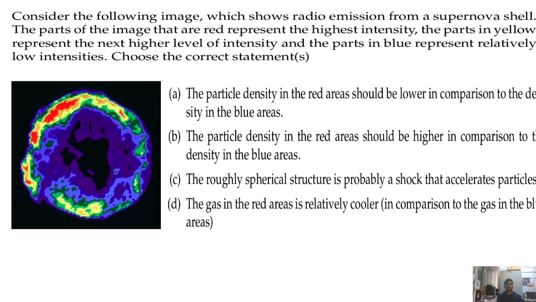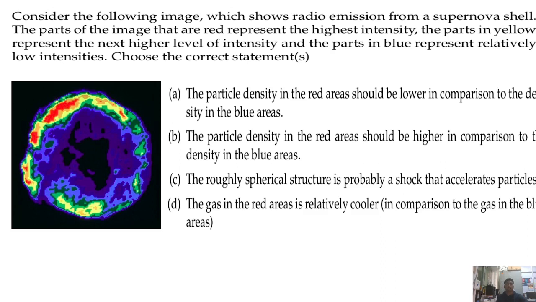So that depends upon the particle density also. Now, the particle density in the red area should be lower in comparison to the density in the blue areas. That is not a correct thing, right? If you have larger density, that means you are creating more synchrotron radiation. So the first one cannot be a correct answer.